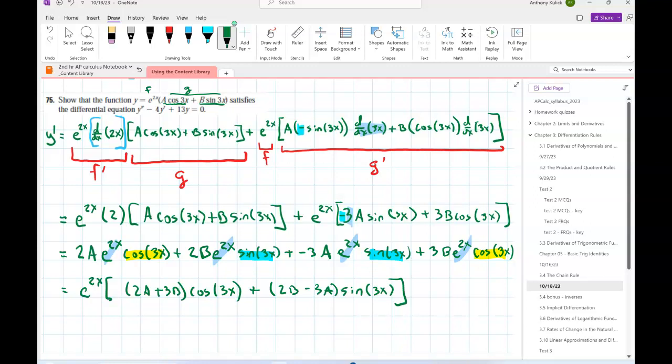So that's why I factored it this way, to reduce the number of derivative rules I have to do when I do y double prime. Now the way I've written it, I have 1 product rule and 2 chain rules, which is a lot better than 4 product rules and 8 chain rules, right?